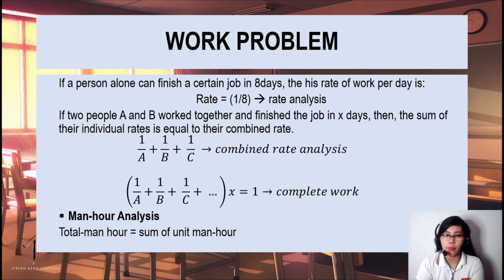So we will have a combined rate analysis if there are 2 or more people working together. Then, to express a complete work, the rate multiplied by the number of days, x, equals 1, indicating that it has completed the whole work. Then we also have man-hour analysis. Total man-hour equals the sum of a unit man-hour.